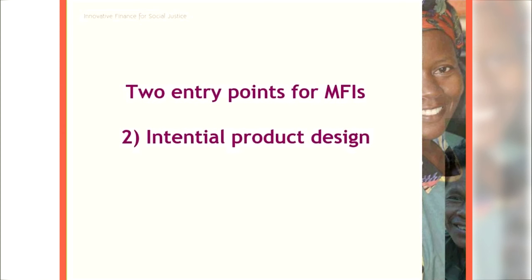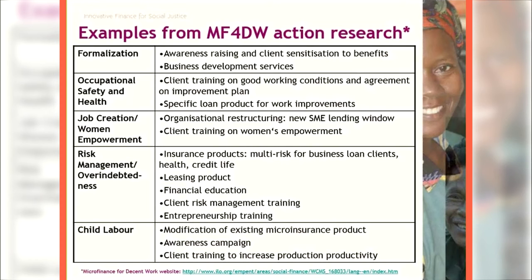We did some research a couple of years back where we worked with 16 microfinance institutions worldwide to look at what social issues they discover among their clients and what they can do in their product design to address these issues. Here are some examples from that research project. If you want to know more, I put the link at the bottom of this slide.